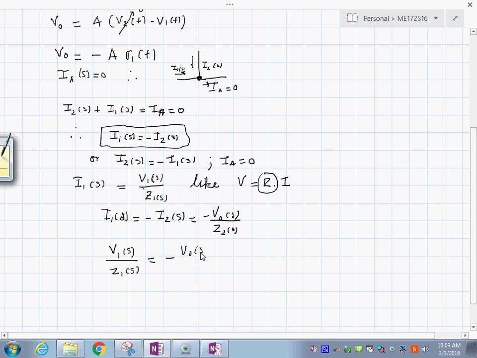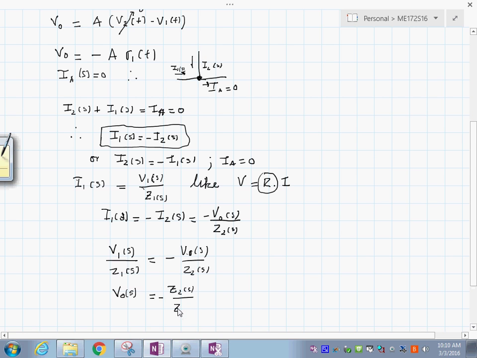So what did it actually do? After we follow these equations in here, what did this device do? Let's interpret this. What it did is it says that the output voltage is the input voltage with a negative sign and multiplied by the ratio of the impedances.